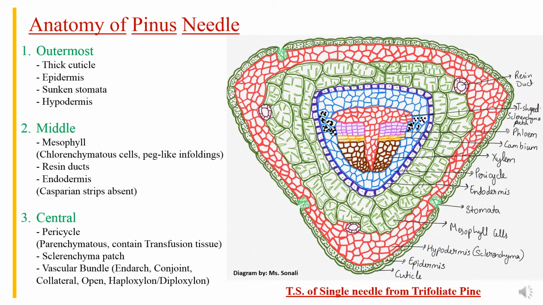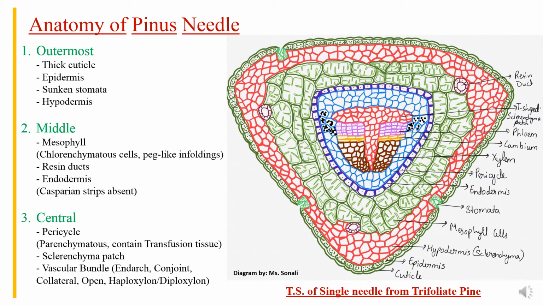The outermost layer is of thick walled epidermis, which also secretes cutin on the outer side, and this forms a protective layer on the surface as thick cuticle.